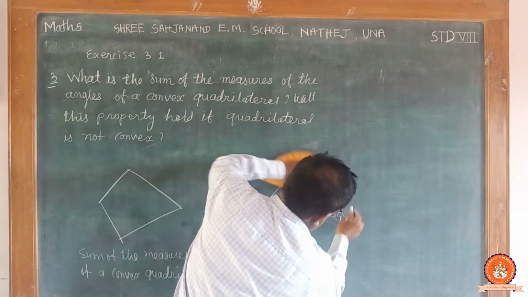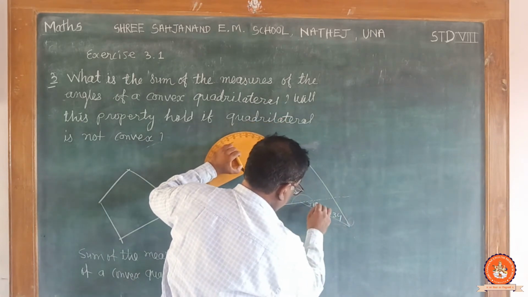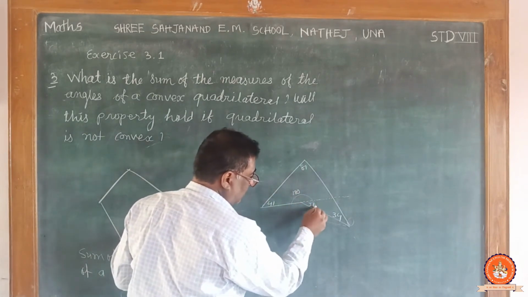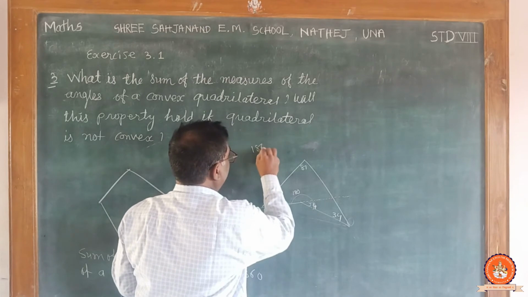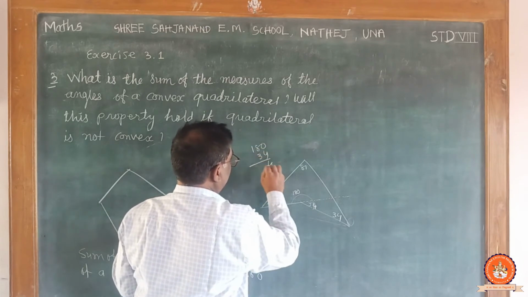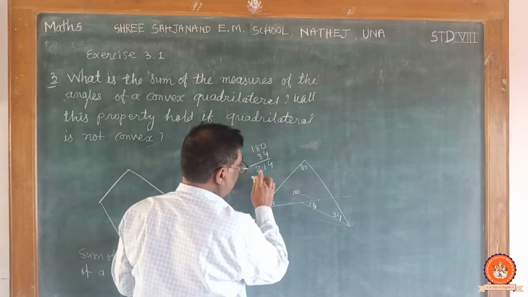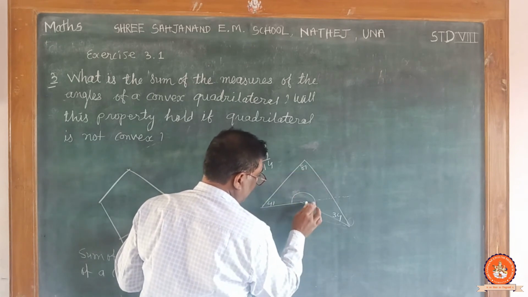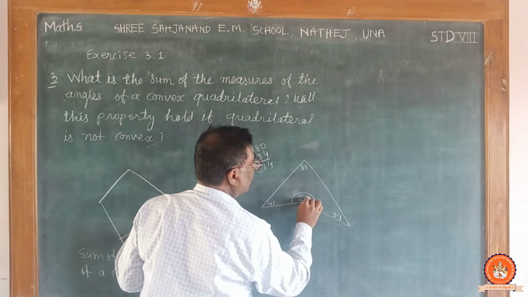Here it is 34. Now this angle is 180 plus 34, that is 214 degrees.